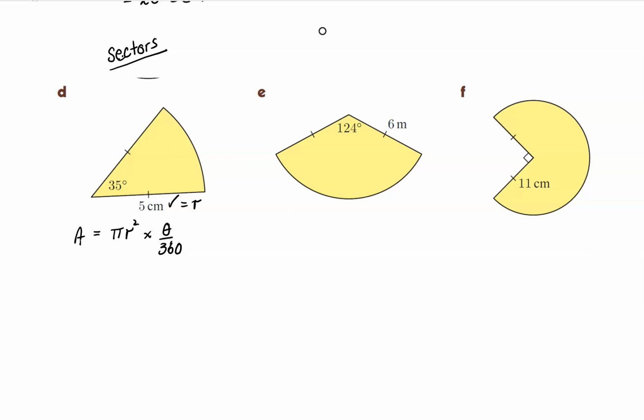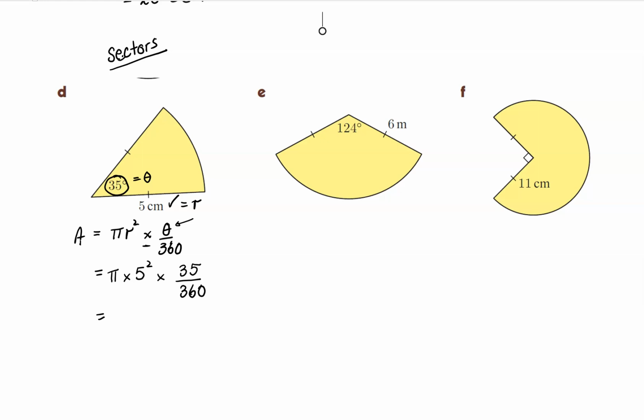That stands for the angle. So that is my theta right there. It's my 35. So here we go. We're saying pi times r squared. So that's going to be 5 squared. What does it say to do next? Times the theta, which we've already said is 35, all over, just following the formula, 360.